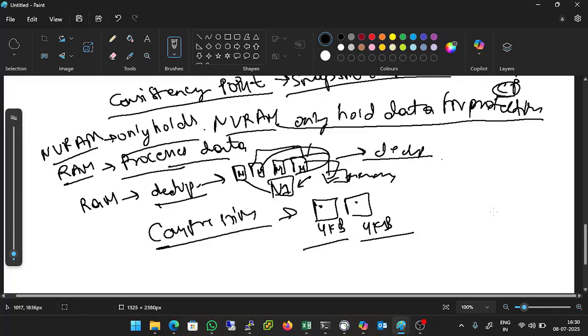Suppose this is a 4 KB block. My deduplication makes a reference of all the alternative blocks. Suppose this is N1, N2, N3, and N4. So my deduplication is basically creating a reference of these blocks.